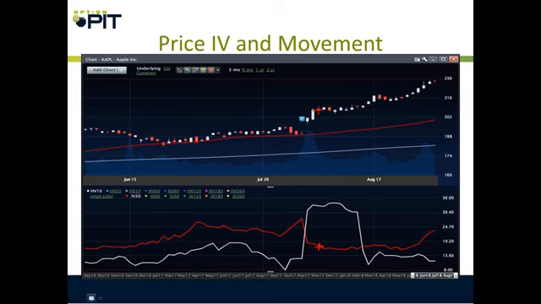Would you want to buy calls there? I know I would. When price is rising and volatility is getting cheaper, that usually is a good sign that a stock is going to go higher.